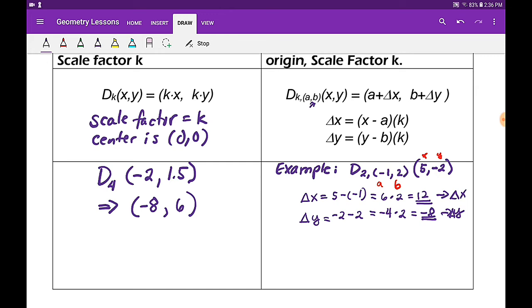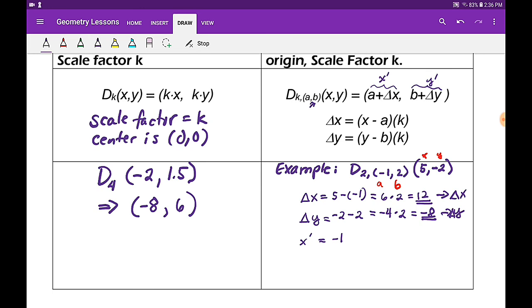All right, so now let's find X prime. This is the image of this. This is going to be the X coordinate. It's going to be A plus delta X. Let's say that's our X prime. This is our Y prime there. So X prime is equal to, well, let's just add. What's A? Negative 1.